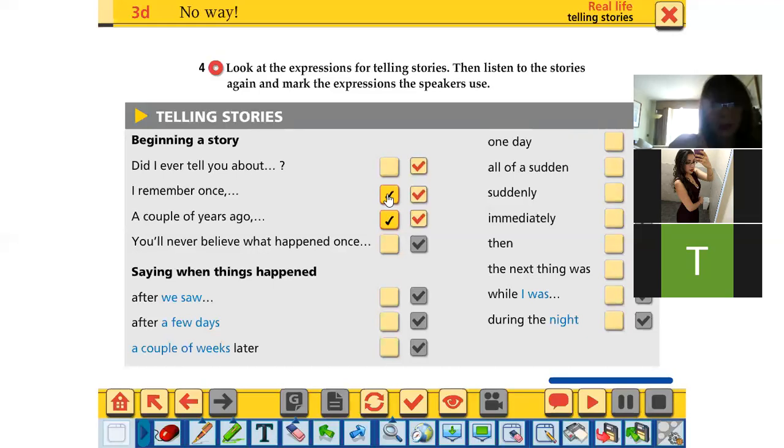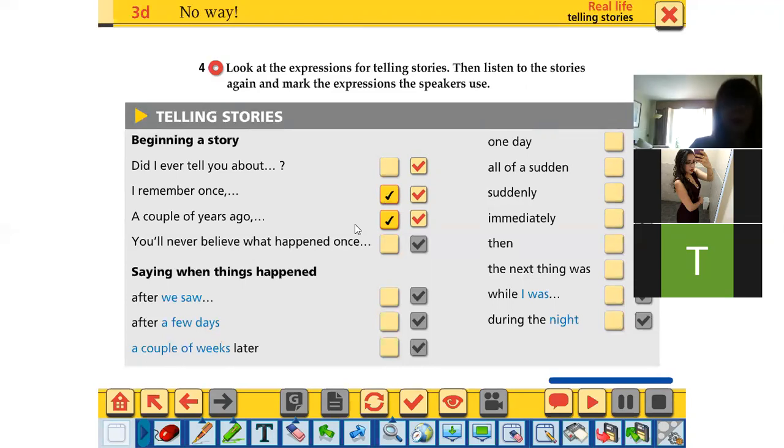Something interesting to keep in mind: when we tell a story, we always start with a beginning. When you begin, you can use any of these linguistic structures or functions. We say, for example, did I ever tell you about the time my mother used to have lots of animals in my house, and then you continue with the story.